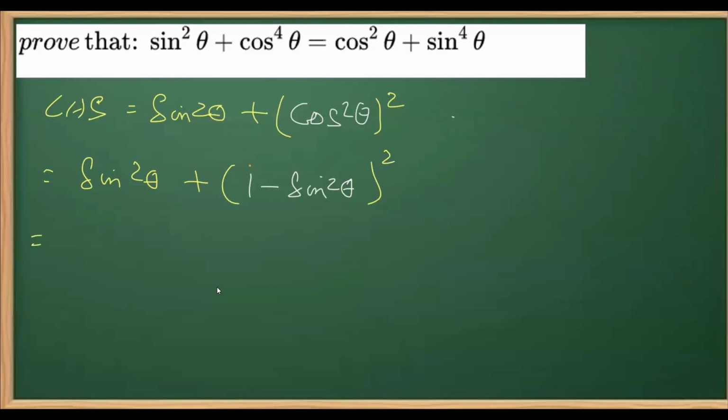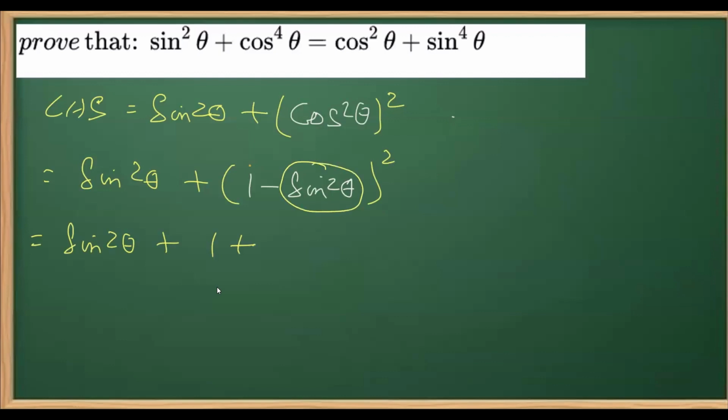Now in the next part, let's say this be as it is, and I'm going to write this as a minus b whole square, applying a minus b whole square. Now this is a and this whole thing is b. So what is a minus b whole square? A square, which is 1 square, plus b square.